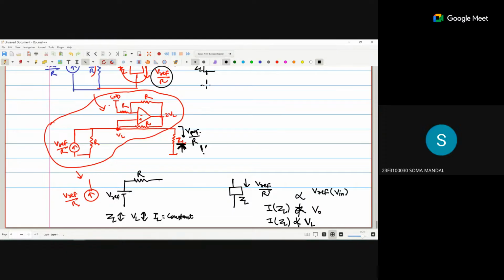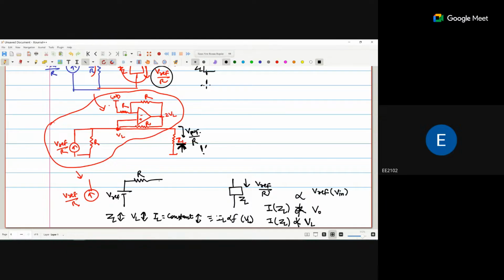Yes, sir. Okay, because IL is dependent on Vref by R, that is not dependent on ZL. If IL also varied, we could say IL is a function of VL. Yes, yes. Okay, but now IL is constant. That is the Howland pump.